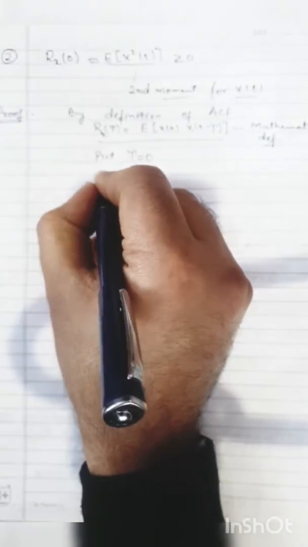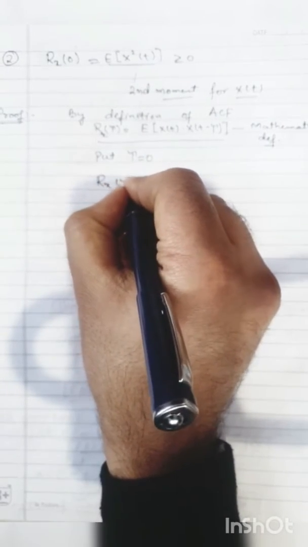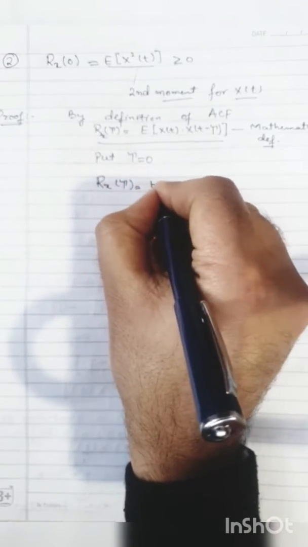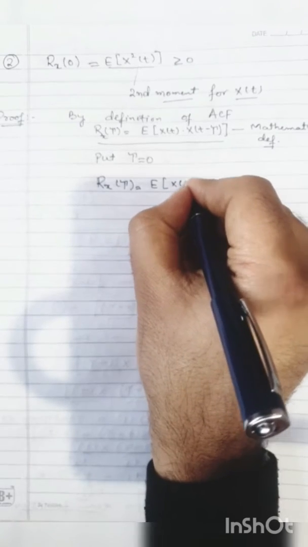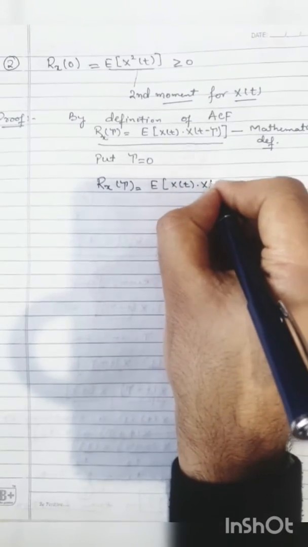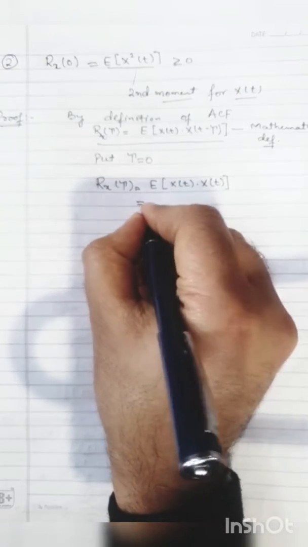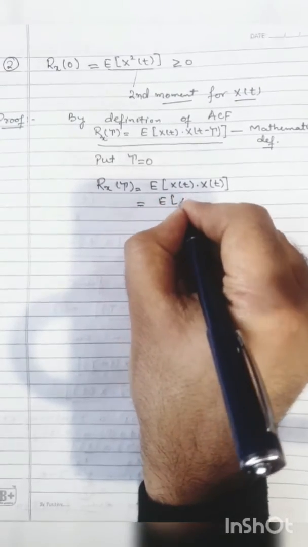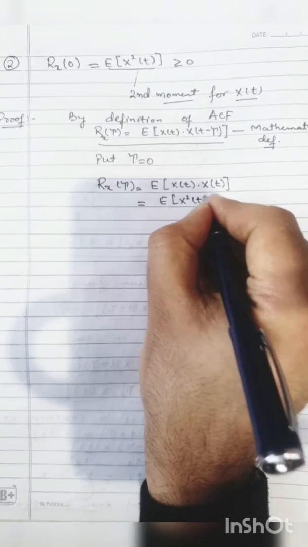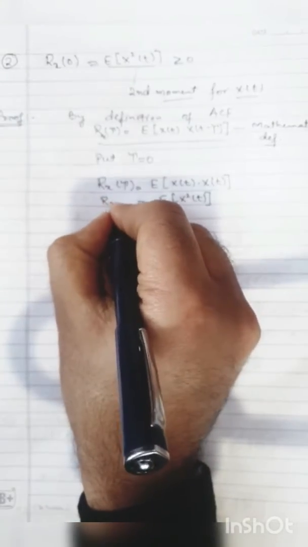Put tau equal to 0 in the above equation, and you will get R_x(0) equal to E[X(t) into X(t minus 0)], that's E[X(t) X(t)]. So the answer will be clear cut: E[X squared(t)].